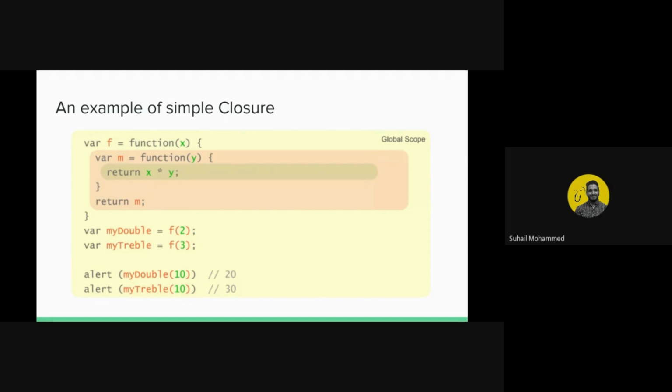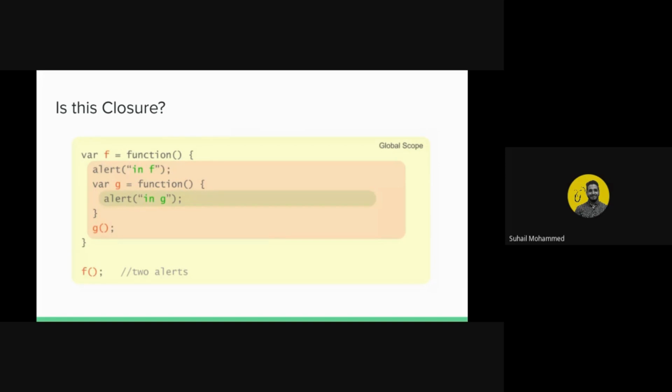Calling the myDouble function here with the value 10, we are passing the value to y, so it holds the closure with the property x with the value of 2, and it will return 2 times 10, 20. Same for myTriple also.